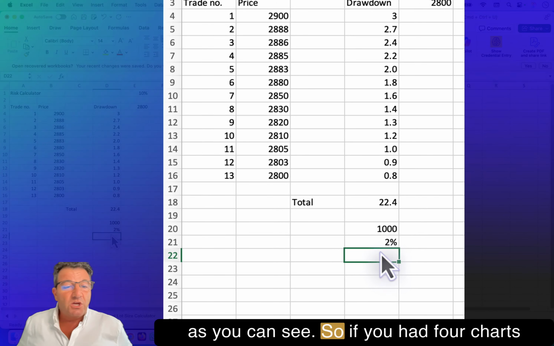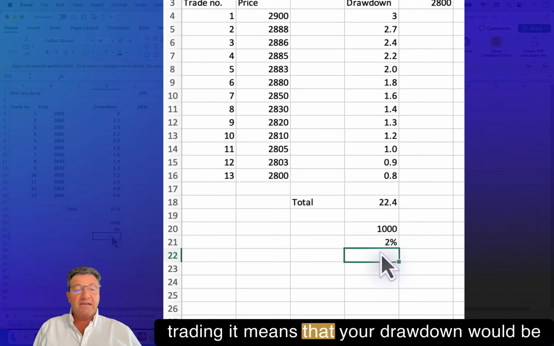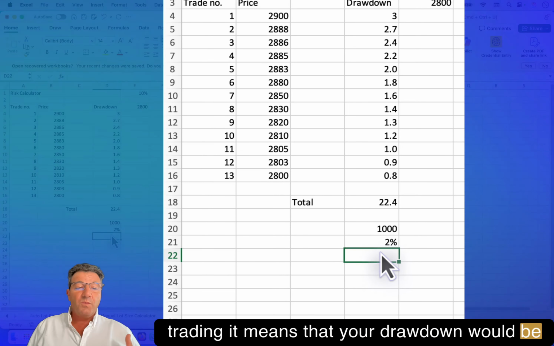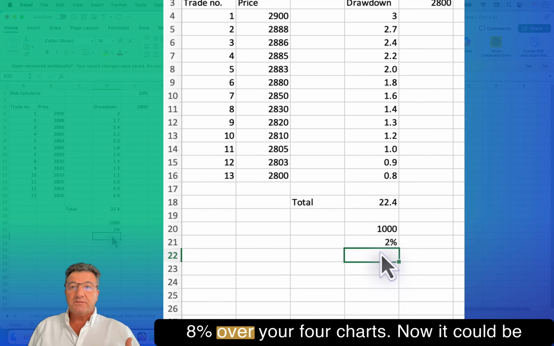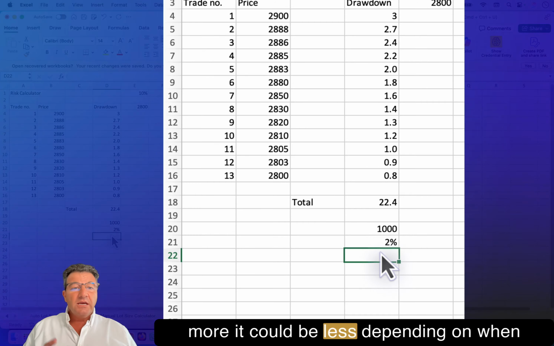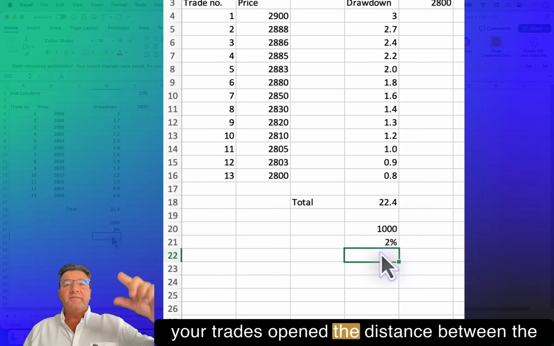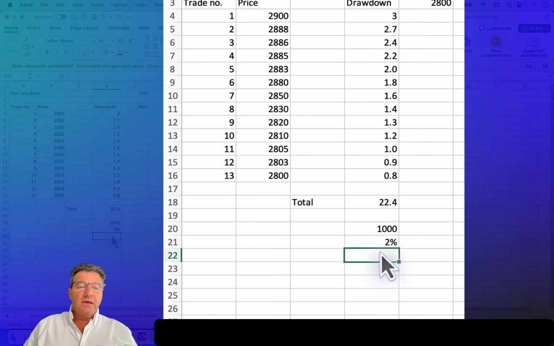Okay, so if you had 4 charts trading, it means that your drawdown would be 8% over your 4 charts. Now, it could be more, it could be less, depending on when your trades opened, the distance between the trades.